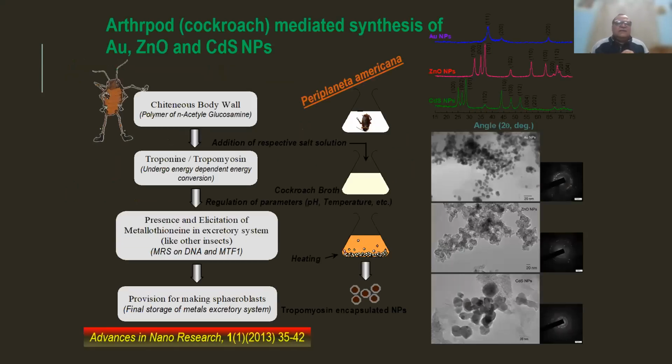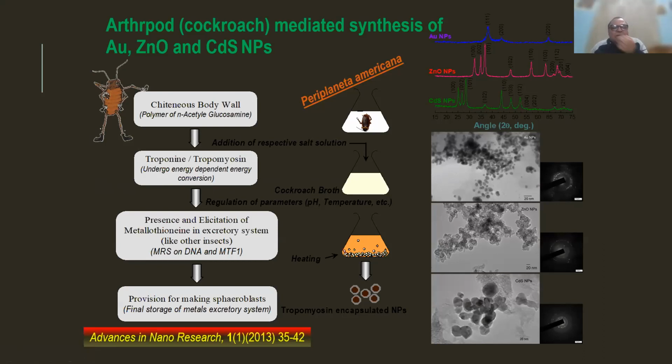So we started with Periplaneta americana. We removed the wing, we took the chitinous body wall, then we added to it, and we got gold nanoparticles, zinc oxide nanoparticles, and quantum dot CdS nanoparticles. Why does it happen? It has troponin, tropomyosin, it has a chitinous body wall, acetyl glucosamine.